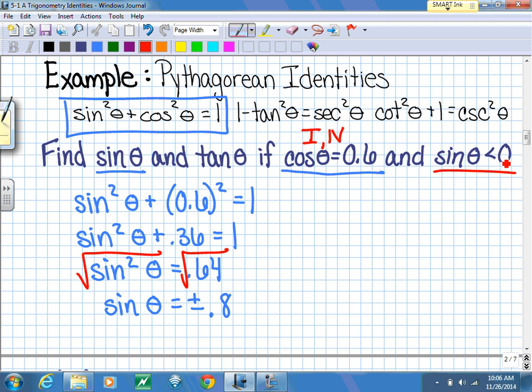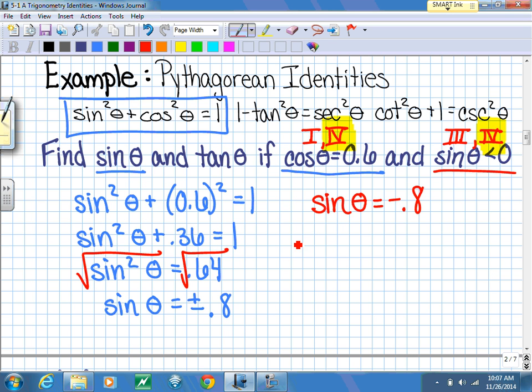Because sine theta is less than 0, that tells me I have to be in either the third or the fourth quadrant. Of these 2 options, the one they both have in common is the fourth quadrant. So if I'm in the fourth quadrant, that tells me my sine of theta has to be less than 0. So now sine theta is not going to be positive 0.8, it's going to be negative 0.8.